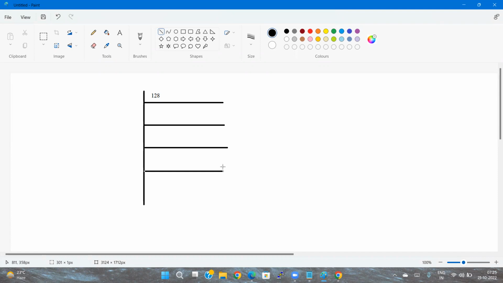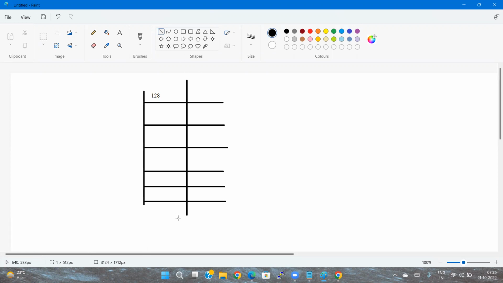Anybody from the electrical and electronics department, EEE, has a concept called STLD. Those from CSE and IT departments have a concept called DLD. So they know how to convert a decimal to a binary number. Anyways, if anybody doesn't know that, don't worry, we will discuss it in a while.